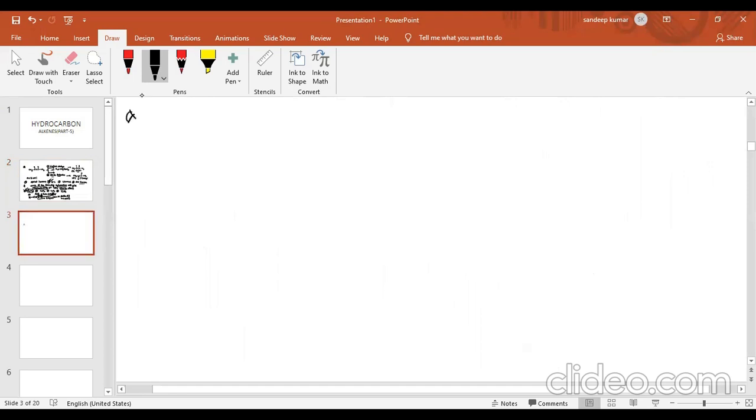So we are going to discuss the chemical properties of alkenes. See, what are the chemical properties of alkenes?